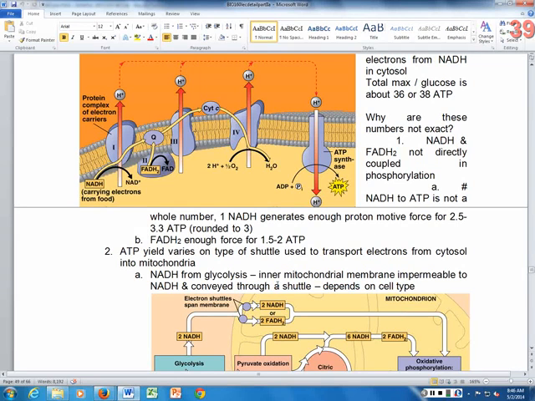So when you look at all of those that go through, what you end up with is 38 ATP. Then you take away the 2 that you had to invest in glycolysis and you get 36. FADH2 is like the NADH that's going to carry electrons.